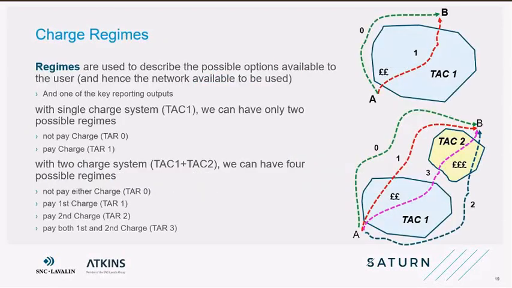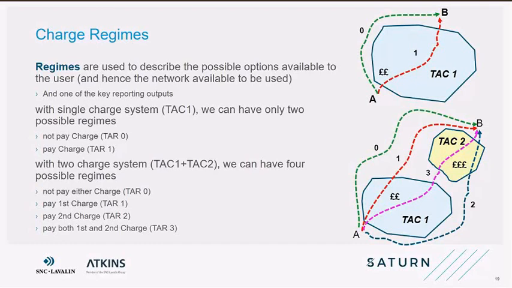Next slide, Vijay. Then you've got something called charge regime. What we define as regimes are used to describe the possible options available to the user in terms of routes between point A and point B. And this is one of the key outputs that we would report as part of the assignment result.